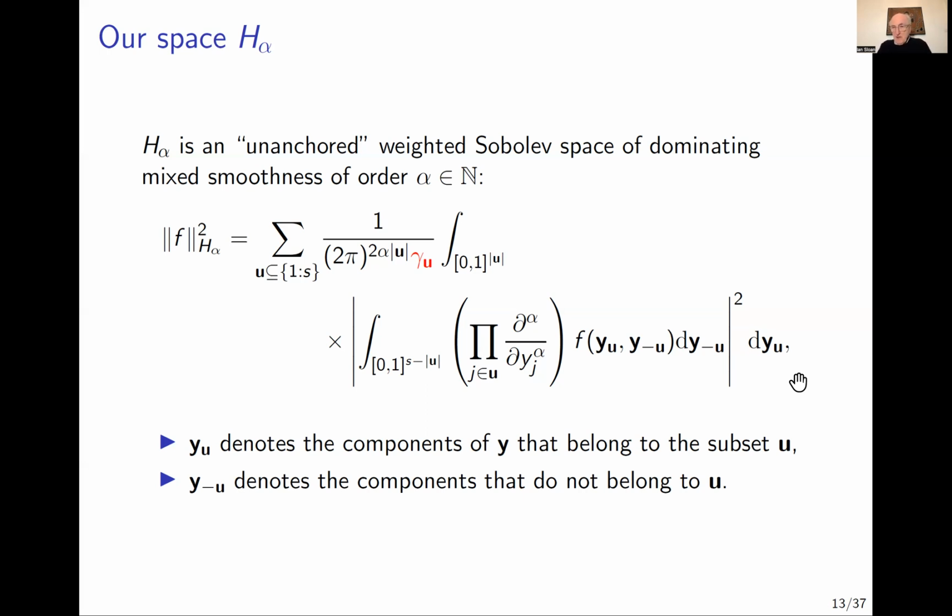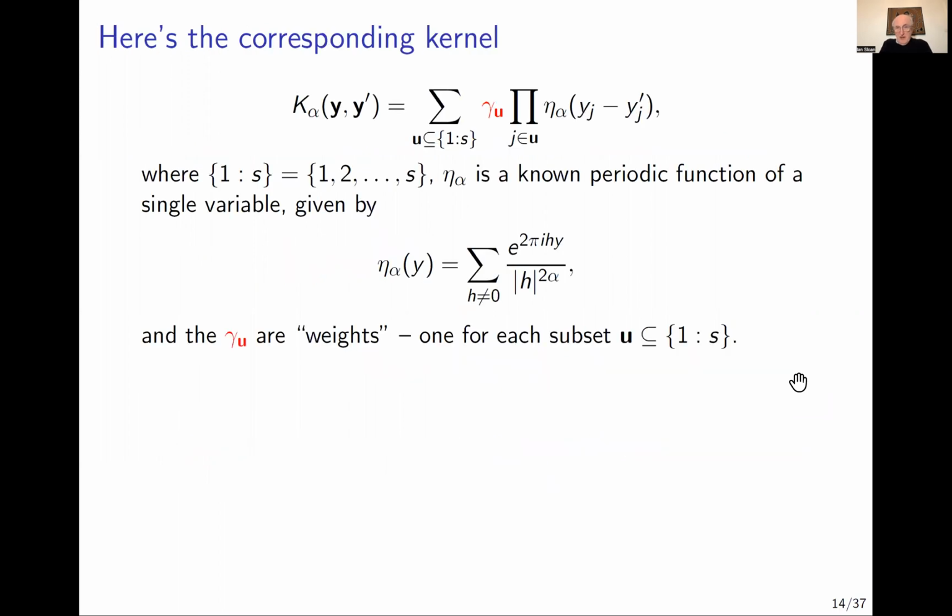We integrate in the inner integral with respect to y_minus_u within the square, and we integrate over the variables in u. So that looks complicated. One can also express it in Fourier series terms, which is how the work is done. But here's the corresponding kernel.